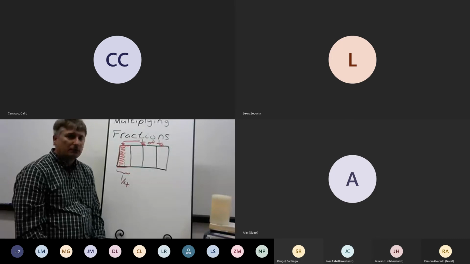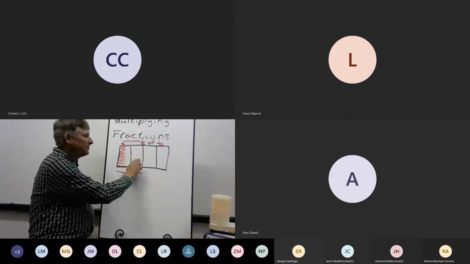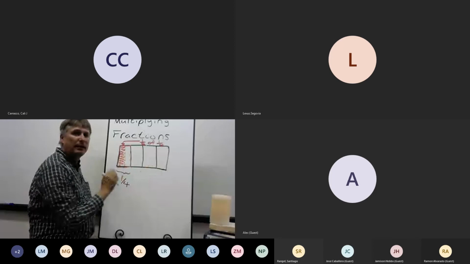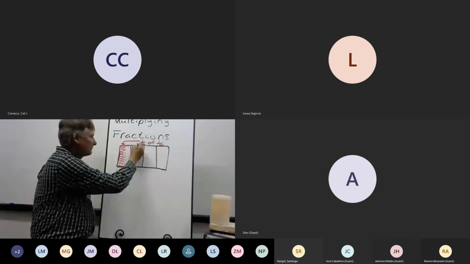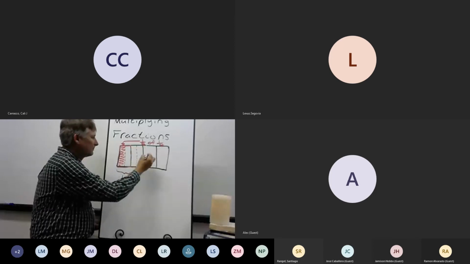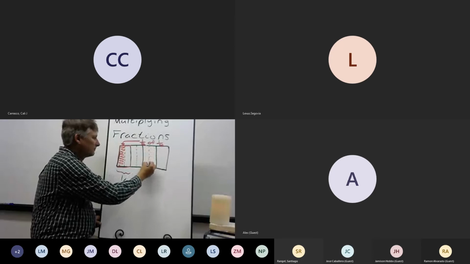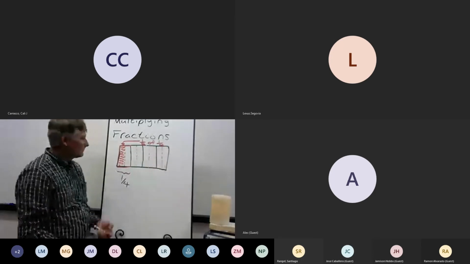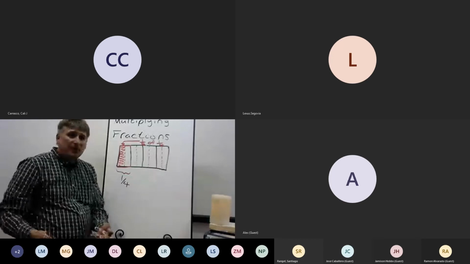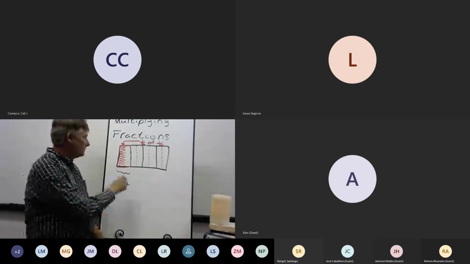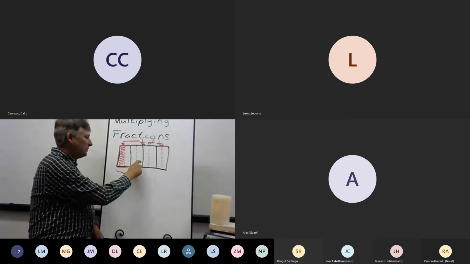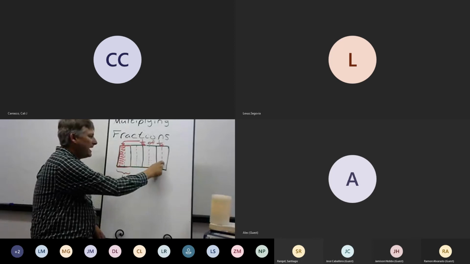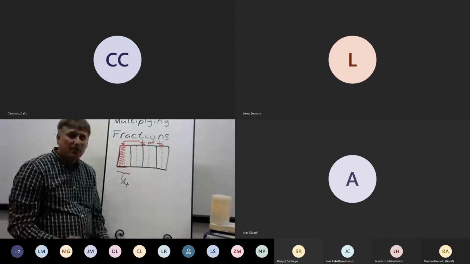Well, one thing we can do, let's divide each of these fourths in half. So if we divide each of the fourths in half, there'll be 1, 2, 3, 4, 5, 6, 7, 8 pieces that make the whole.